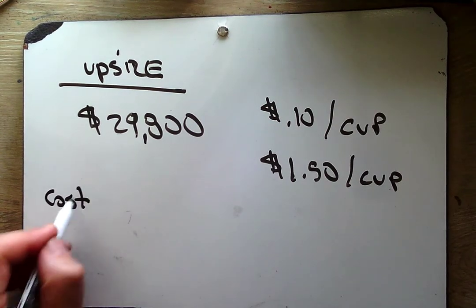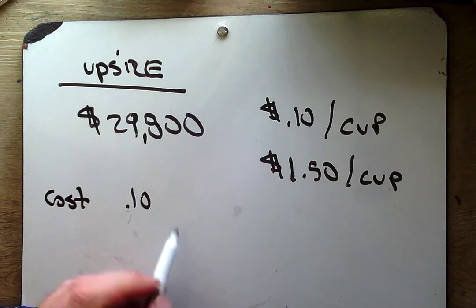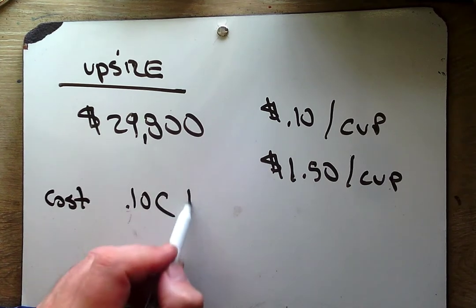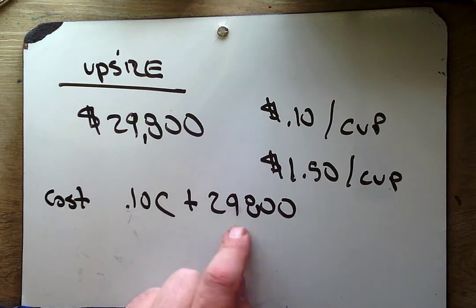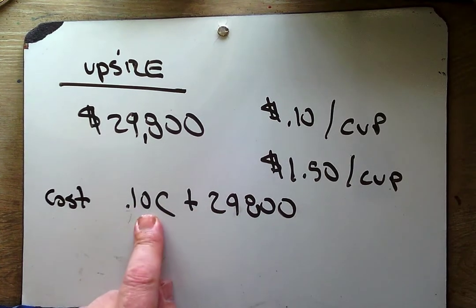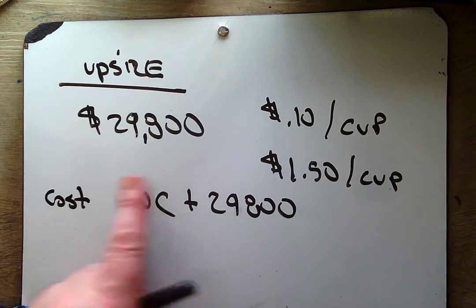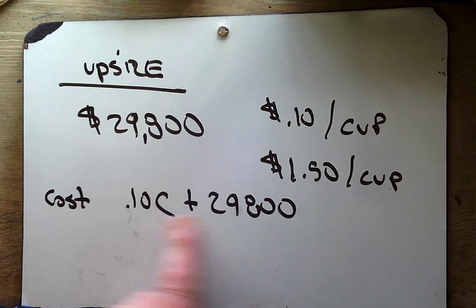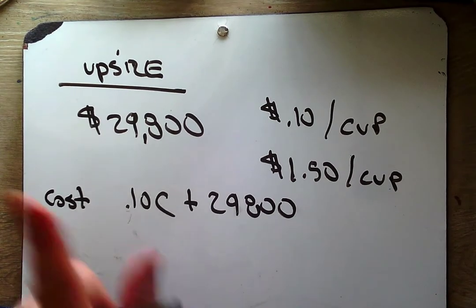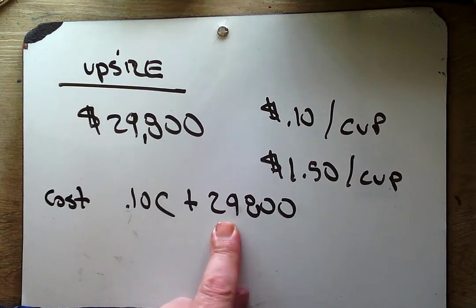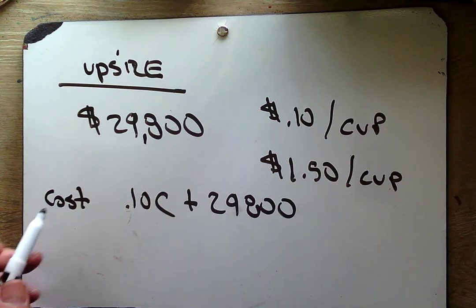My cost function should be rate of change times the variable plus the initial amount, or plus my fixed cost. Variable cost plus fixed cost. This is called a variable cost because this amount depends on how many cups I sell. The fixed cost is there even if I sell no cups, even if I make no cups, I still have spent all this money, part of my costs.